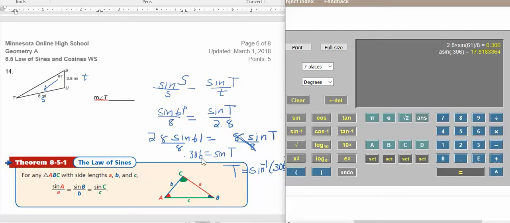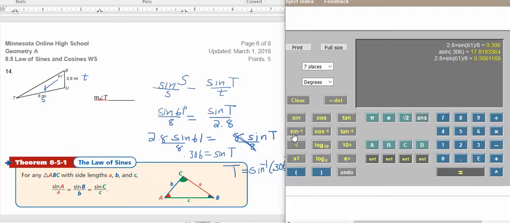Now I'm going to really quick redo this multiplication, the 2.8 times sine of 61, and then divide that by 8. I want to see if it matters if I change it to 7 decimal places.